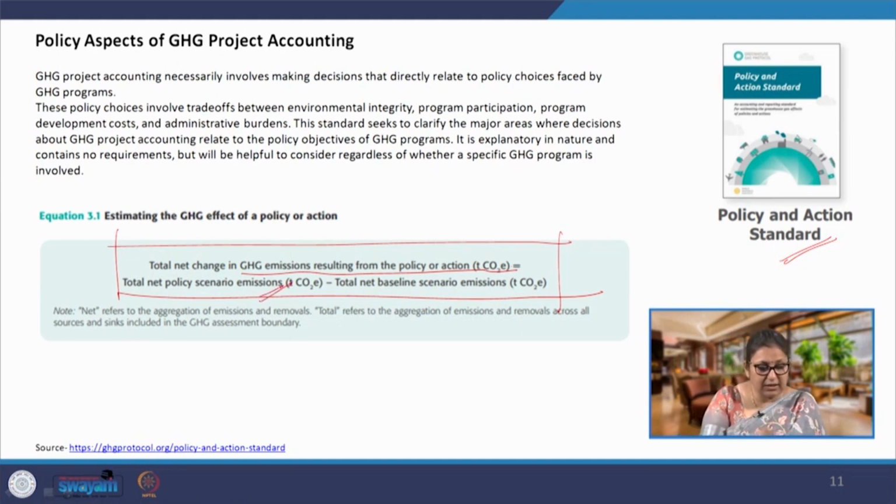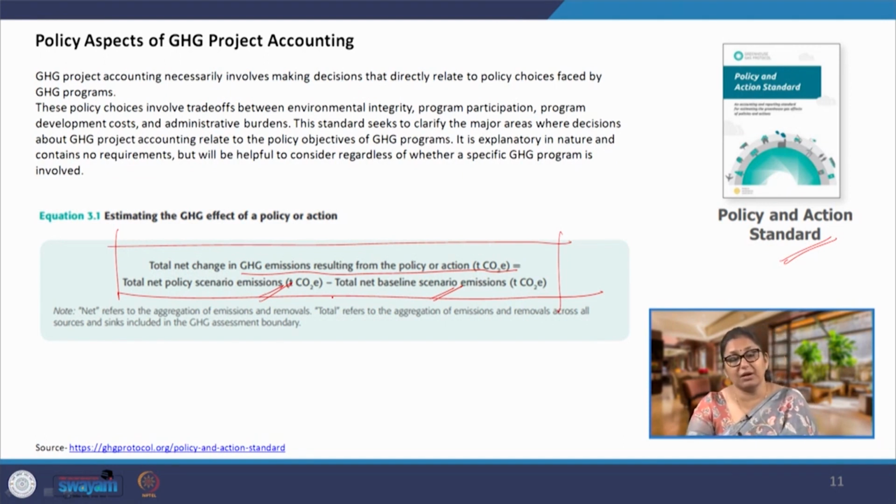We will look at the total net policy scenario emissions minus the total net baseline scenario emissions, and that is where we will know how much of the net change is due to this policy. A negative number gives us reductions. A positive number due to the use of a certain policy could also mean an increase in emissions.